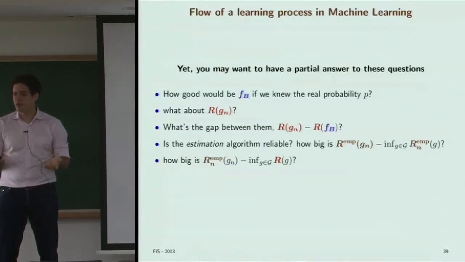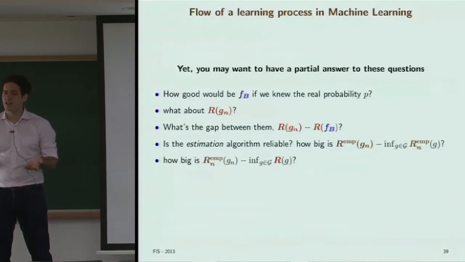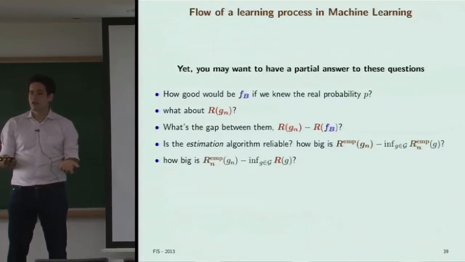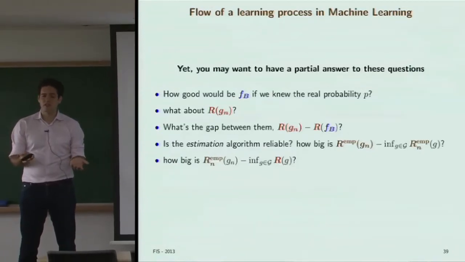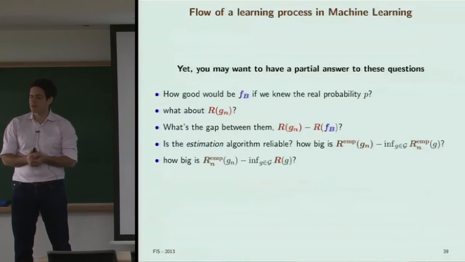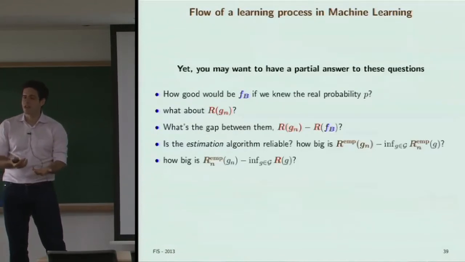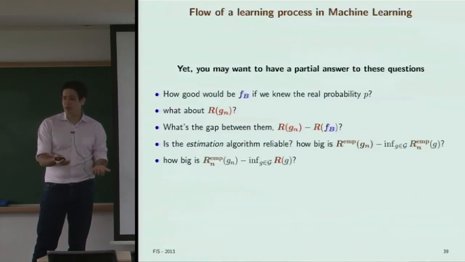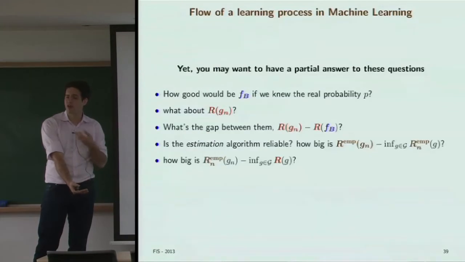Sometimes problems are really difficult. For instance, the height and gender problem is inherently difficult. You will make a lot of mistakes if, for instance, the person's height is 165 centimeters. It's very likely that you make a lot of mistakes. So even the Bayes error in that case is quite high. For some other problems, the Bayes error could have been much lower than what you actually achieve with your function.